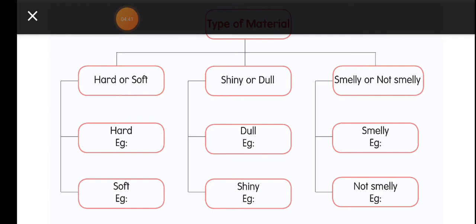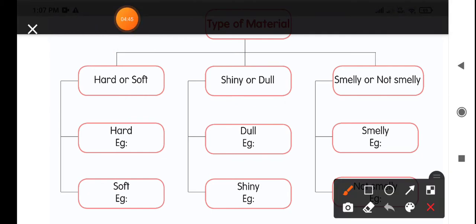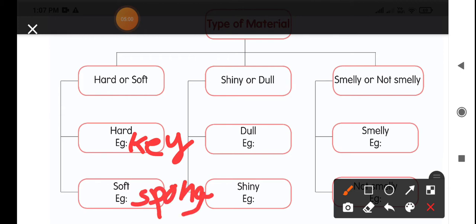Depending on that, hard or soft. For any hard material you can write any example, a keychain or an iron rod or a wooden bench, anything as you wish. And for soft, I am writing sponge. You can write any object which is very soft to touch.